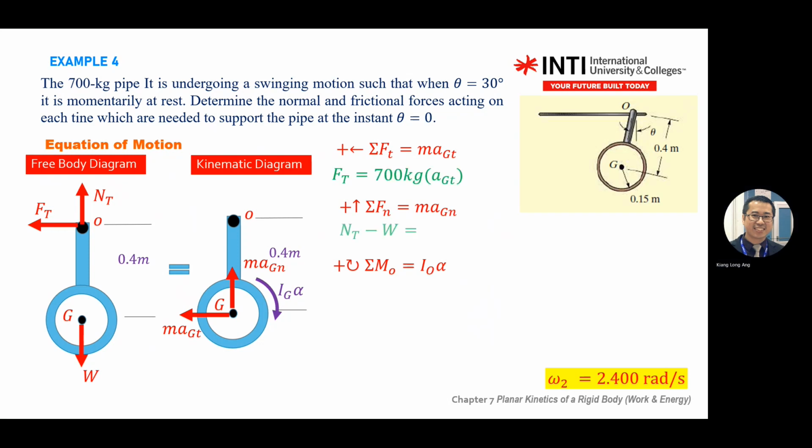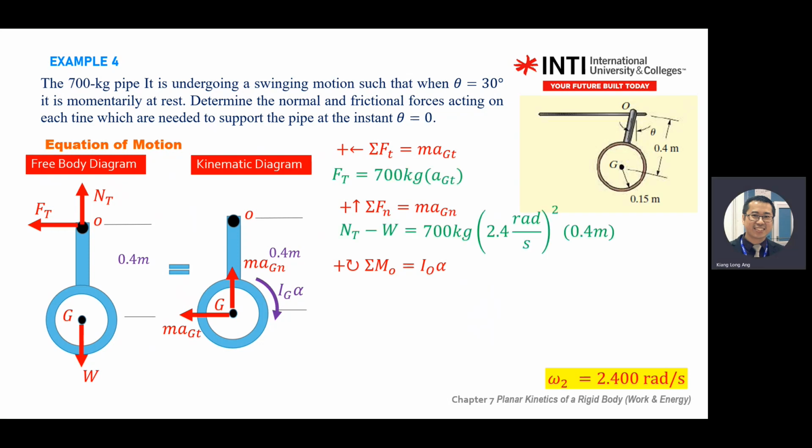Okay. So you put in all the answers for normal and tangent direction. Moment at free body diagram, this one. Left hand side refers to free body diagram, right hand side refers to kinetic diagram. So moment at O, you put here. We do not do moment. Why? Because it goes along the radius. The D is 0.